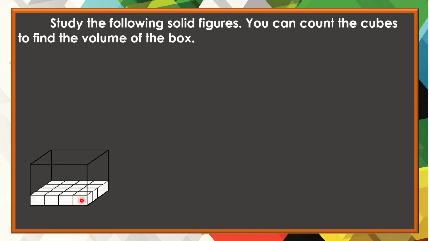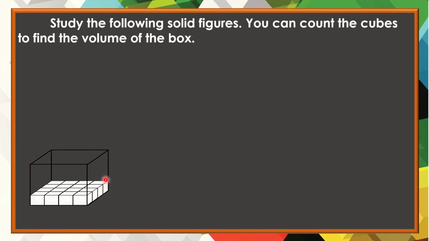So 1, 2, 3, 4. How many cubes are there? There are 4 in the first layer. This is the length. Because this is a cube, this is also 1, 2, 3, 4. So there are 4 times 4, that would be 16. The first side and the second side. The third side is 1.